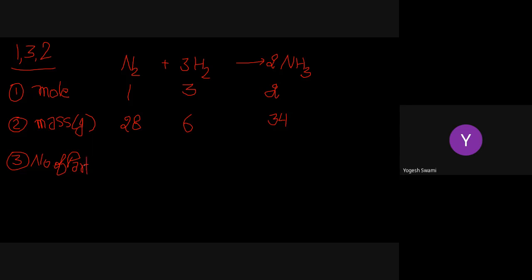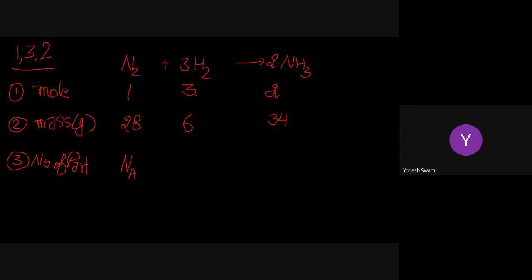As we know, 1 mole is equal to Na. For simplicity, I am writing only Na instead of that big number, 6.022 into 10 to the power 23. Nitrogen, 1 mole is there, so the number of particles is 1 Na.